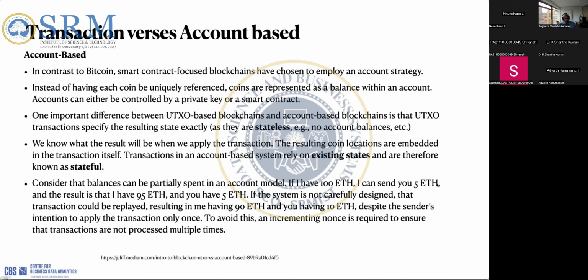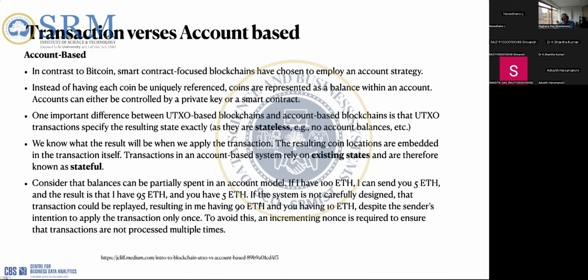I can send you 5 ethers, and we have a contract that deducts 5 ethers from my account and transfers them to you. If we execute the smart contract once, we have 100 ethers, deduct 5, and I have 95 ethers in my account, and you have the 5 ethers transferred to you.